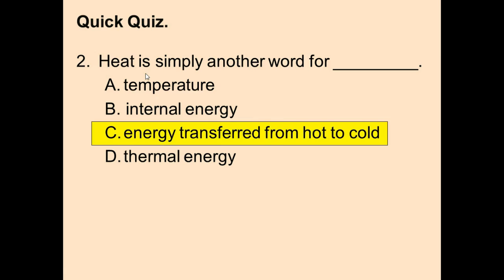Heat is also thermal energy, because when we talk about heat, it represents energy, or temperature and motion. So heat is also thermal energy, but it can also be the thermal energy transferred between substances.